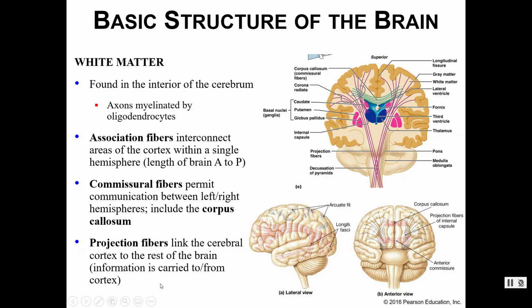Now, last but not least, projection fibers. These are connecting the cerebral cortex with the rest of the brain. For example, we could need to carry information from your cortex to your cerebellum. We could need to talk between your cerebral cortex and your diencephalon, something like that.